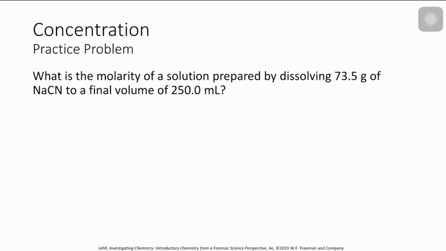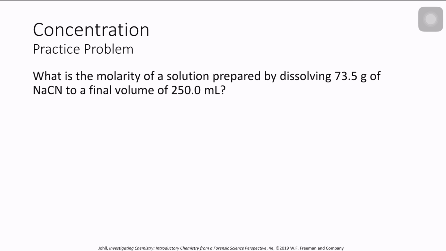Let's get some practice with calculating molarity. In this problem, it asks us to calculate the molarity of a solution that is prepared by dissolving 73.5 grams of sodium cyanide to a final volume of 250 milliliters.